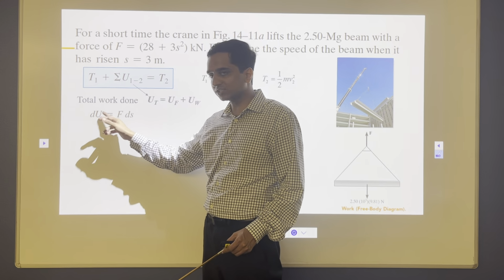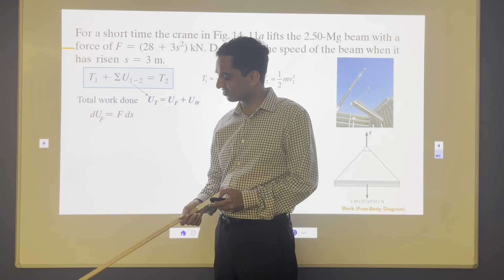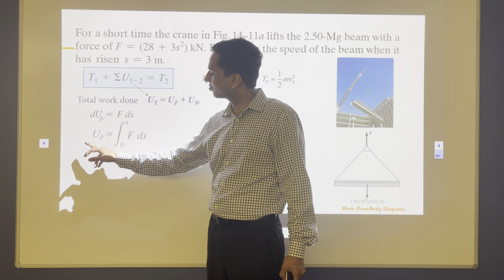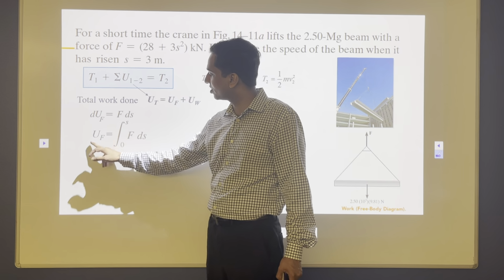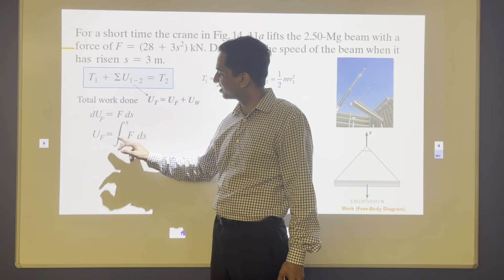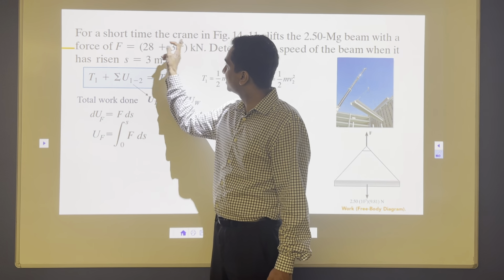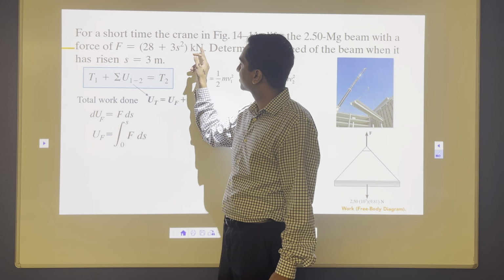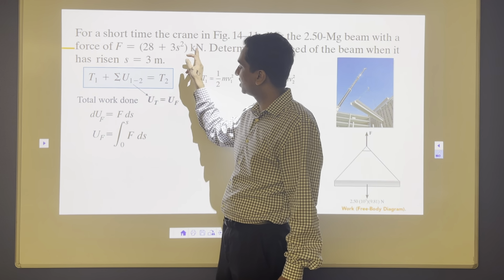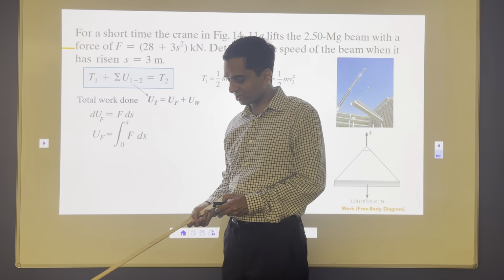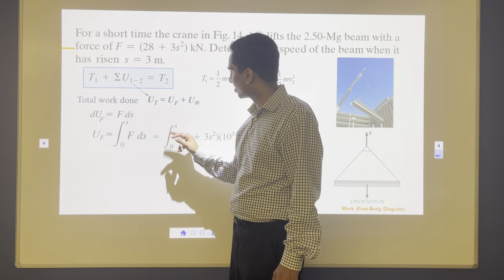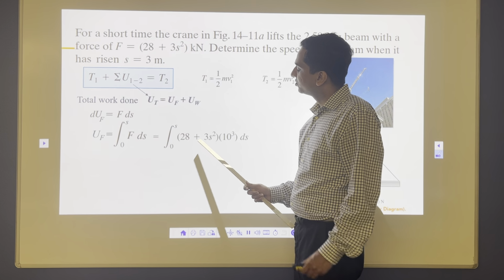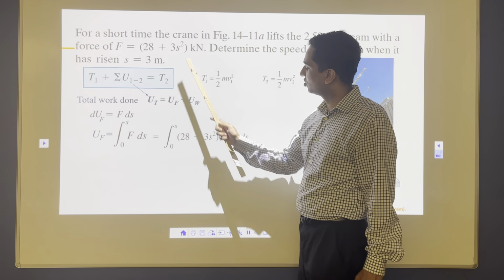To do that, I'm going to integrate. I have dUF here, ds here, so total UF is the integral from 0 to s, that's 0 to 3 meter, of F, this function I'm going to put here, (28 + 3s²) times 10³, that's for kilo, times ds. So it will look something like this: integral from 0 to 3 of (28 + 3s²) 10³ ds.